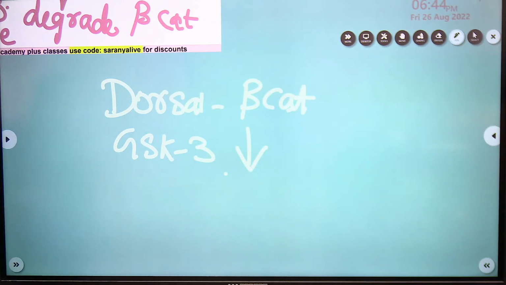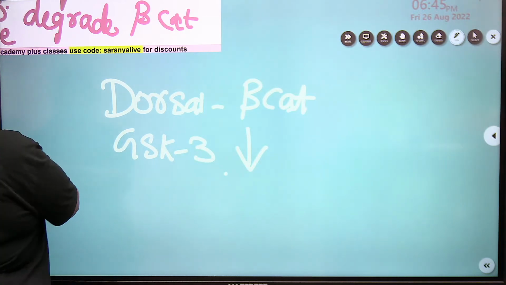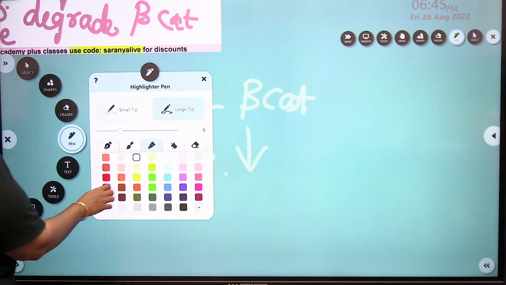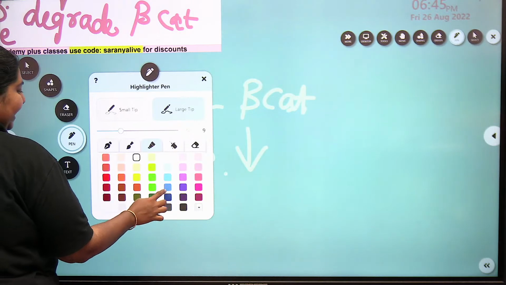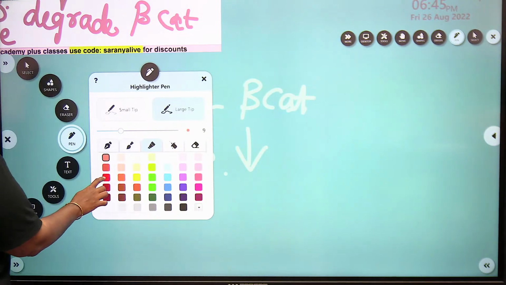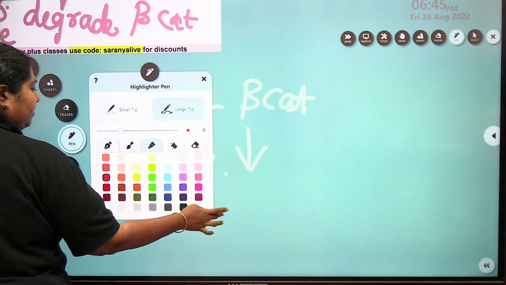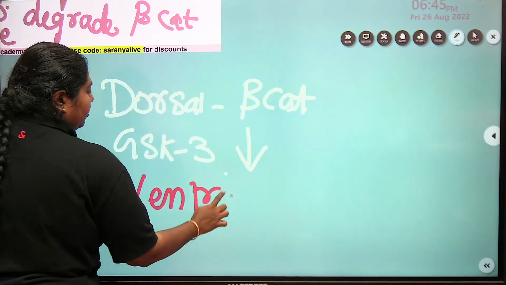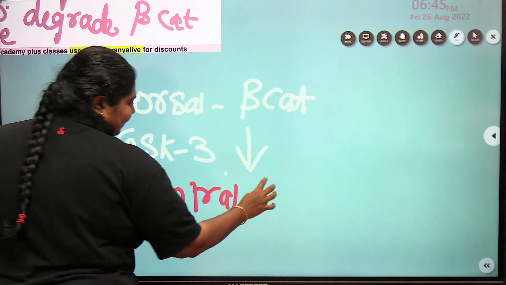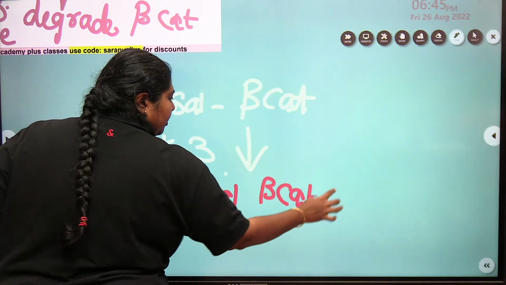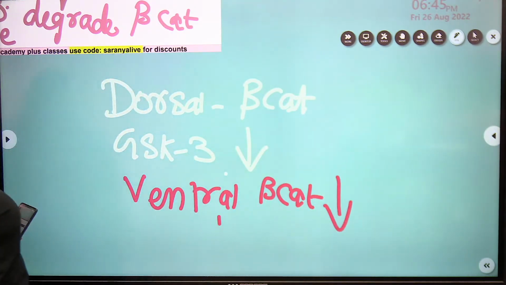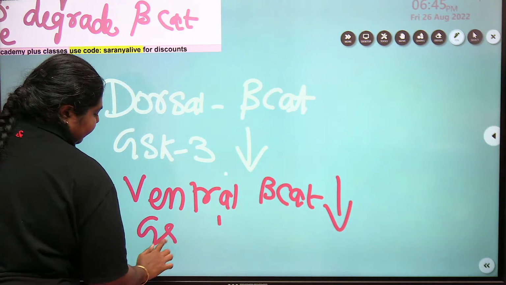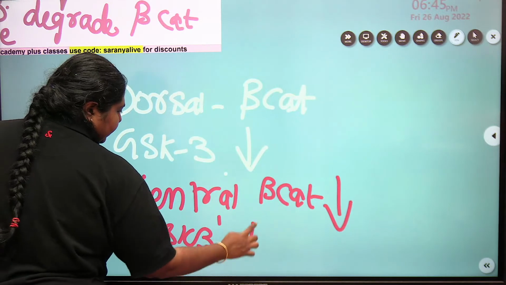But as far as your ventral region is concerned, what should happen to your beta catenin? It should be low, right? So if my ventral region beta catenin is low, this GSK3 should be high.